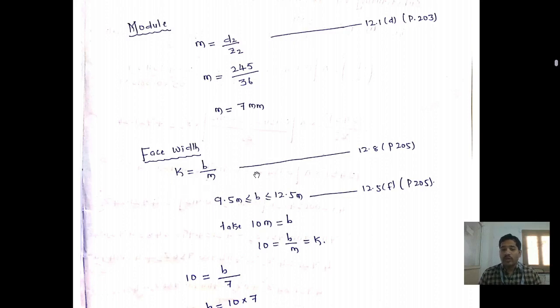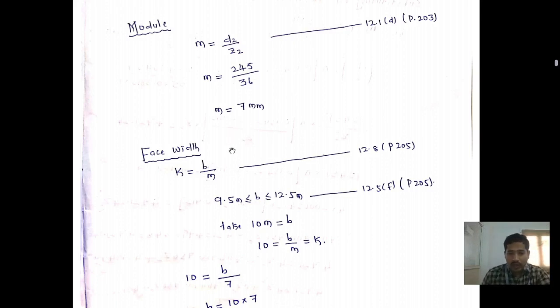So you have to refer to page number 205, section 12.8, from the design handbook by Bahauddin. After that, just substitute the k value. How much did we get here? 10, we already know very well. b keep as it is only, and m is the module, which is 7.